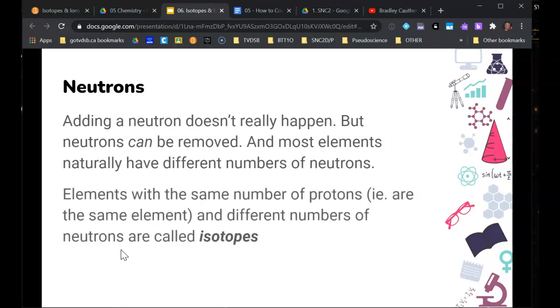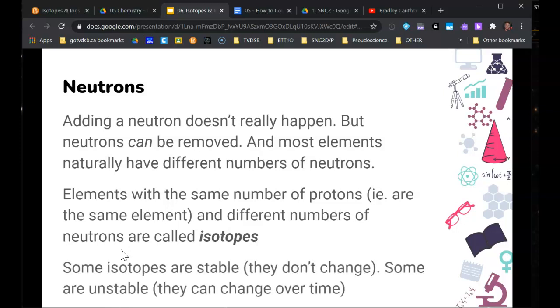So for example, if we have an element that has a particular number of protons, which any element will have, carbon always has 6 protons, but it can have different numbers of neutrons. Those elements that have the same number of protons, in other words, they are the same element, but have different numbers of neutrons, are what are called isotopes.